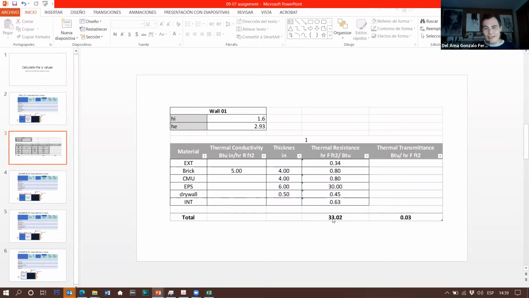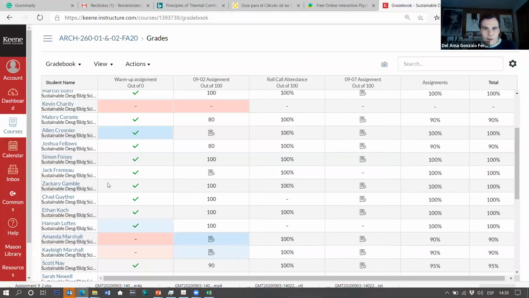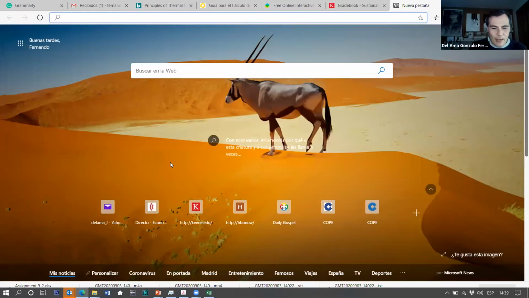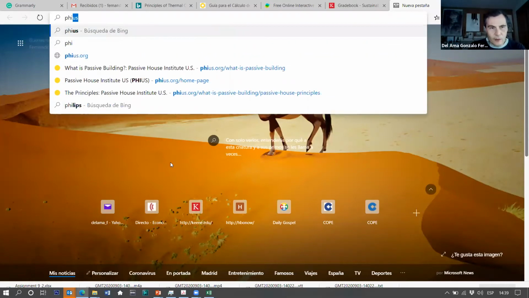It's not that I say that 50 is a good value. It's because now we are aiming to design zero energy buildings or high performance buildings. I talked about this on Monday, and I always refer to that website, the Passive House Institute of the United States.